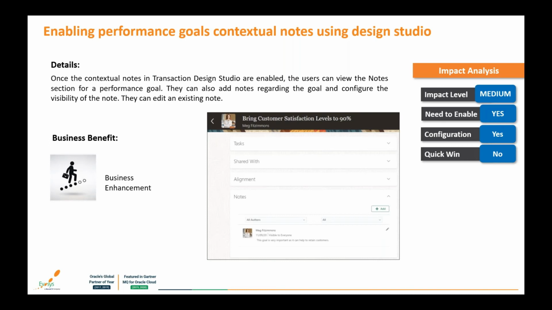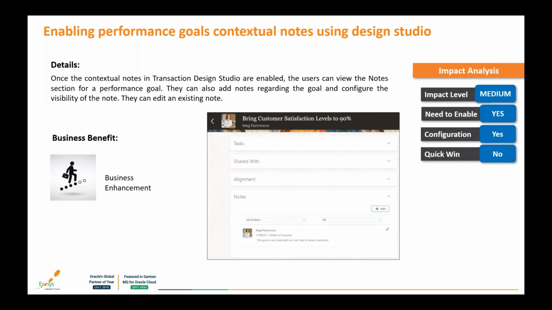So this is the contextual notes for performance goal, which you can enable using Design Studio. As we have seen, 21A has given us the option to provide feedback to performance goals. There are ratings that we can do in the performance evaluation.